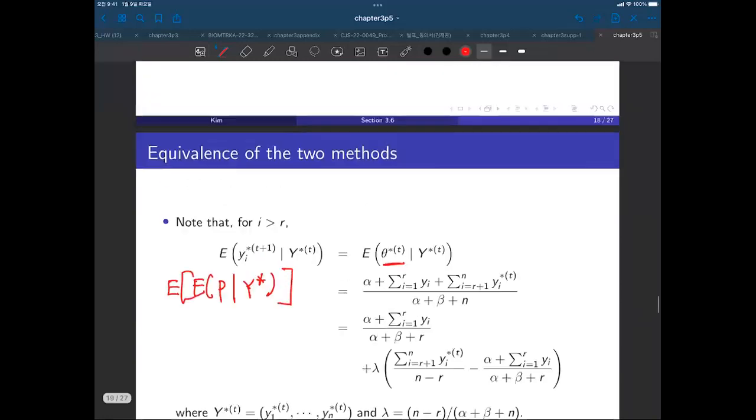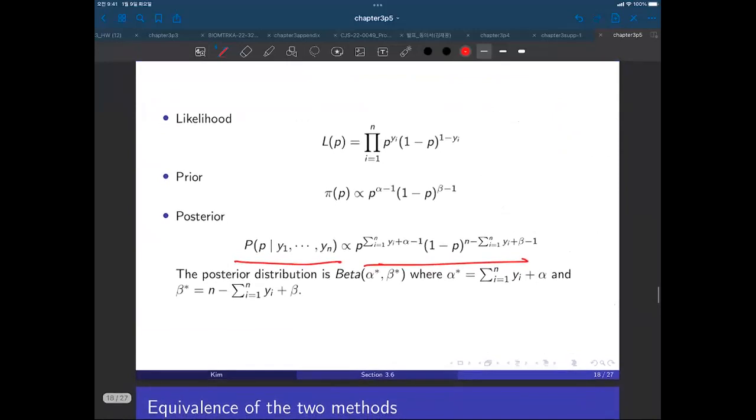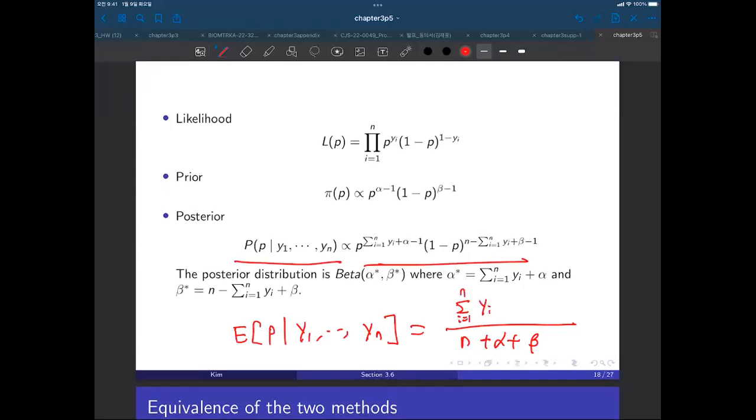We know the beta star distribution, with parameters alpha star and beta star. So the posterior mean of P given Y1 to Yn is the summation of Yi for i equal to 1 to N, plus alpha, divided by N plus alpha plus beta.